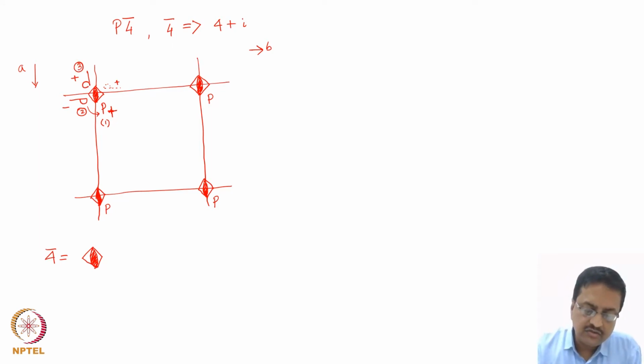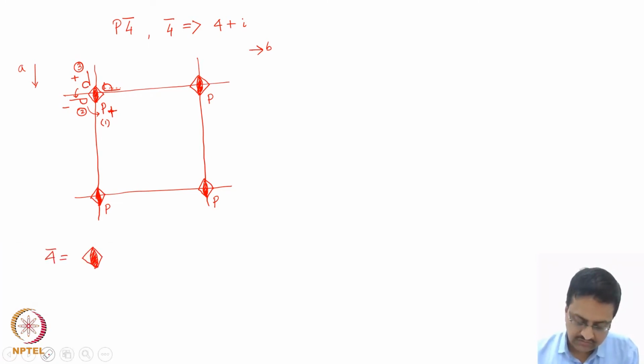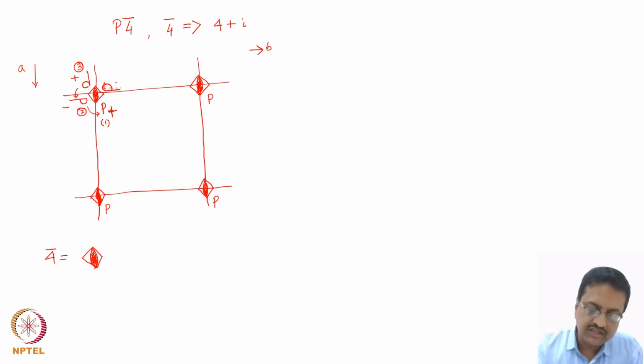And then again you rotate this object by 90 degrees and come here with a plus sign, and then on inversion it goes there with a minus sign, because it originally was plus, but now after inversion it has become minus, and that is number 4. So we do the same at all the points.